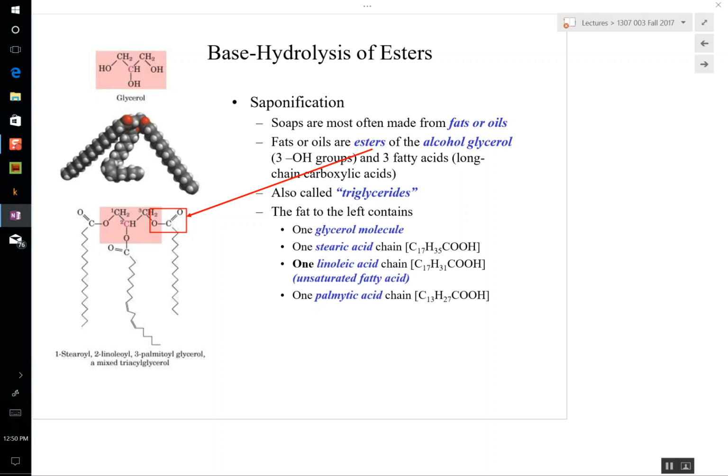So if you started out with lard and sodium hydroxide, you can see the triglyceride is an ester. It has 3 fatty acids attached to the backbone by an ester linkage. You've got your carbon-oxygen double bond.